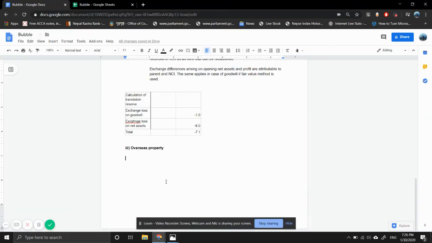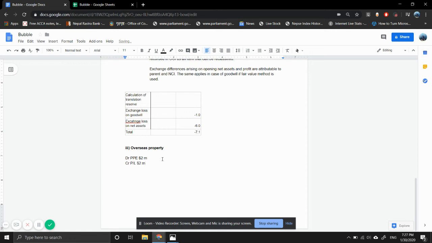So since it has already done that, 5 million, what we will do is debit PPE by 2 million, credit PL by 2 million.